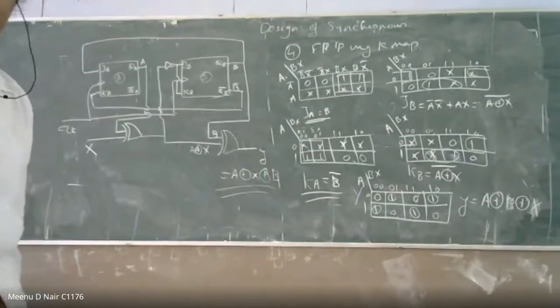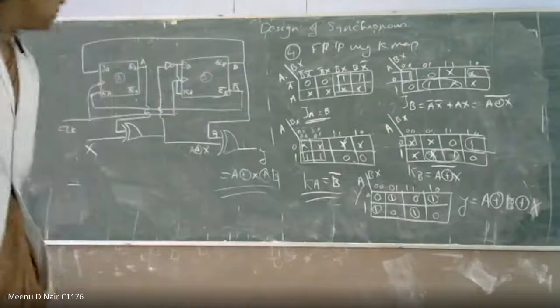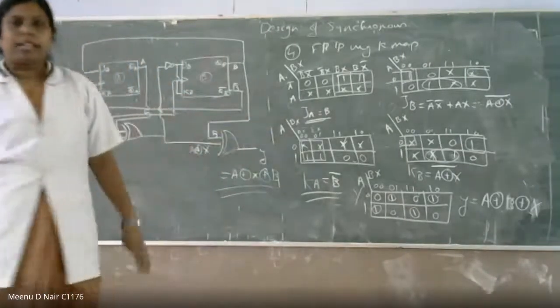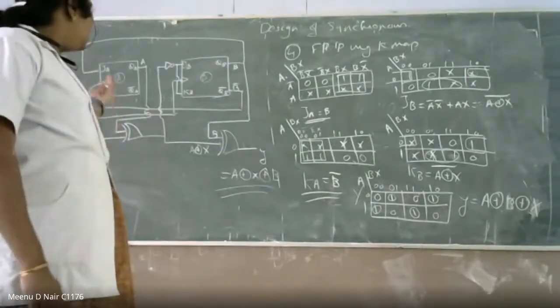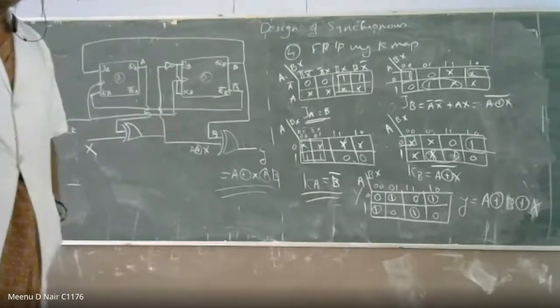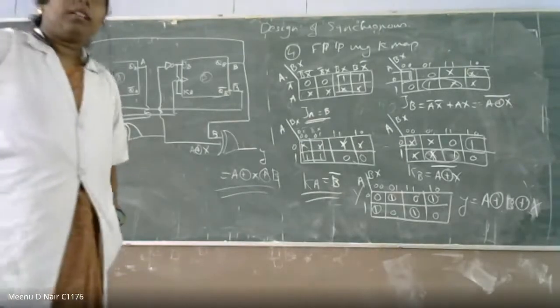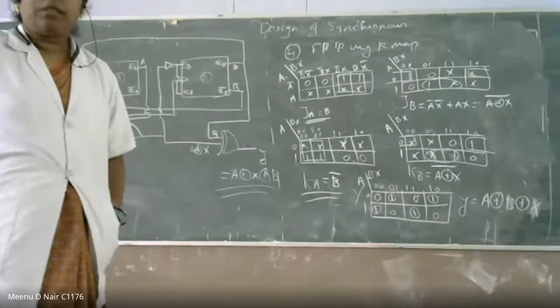Okay. So you got the same thing that you were doing in the analysis part. From the analysis part, this circuit diagram was given, and from this you obtain the state diagram. But here, the state diagram is given and from that you obtain the circuit diagram. In some questions, you may have to draw the state diagram from the state table, or the state table is given and you are asked to draw the state diagram.